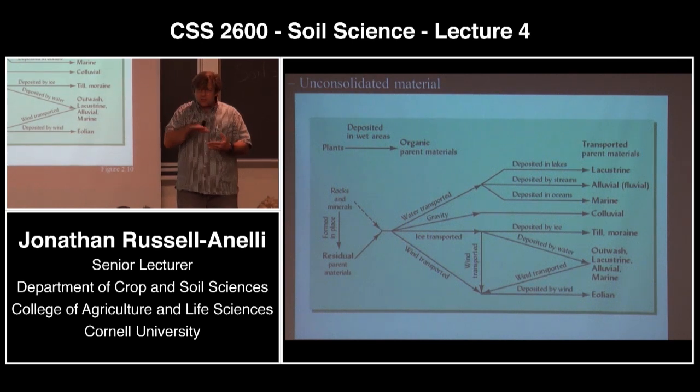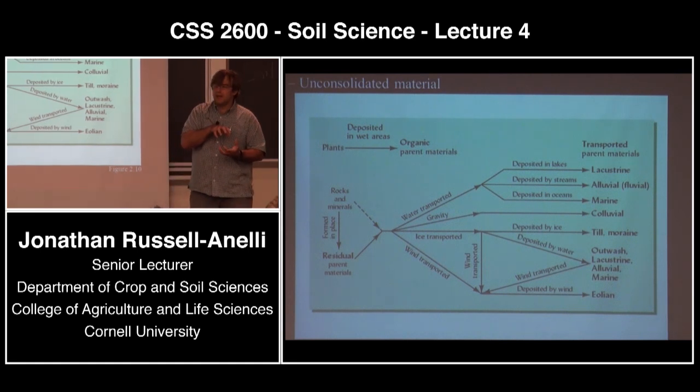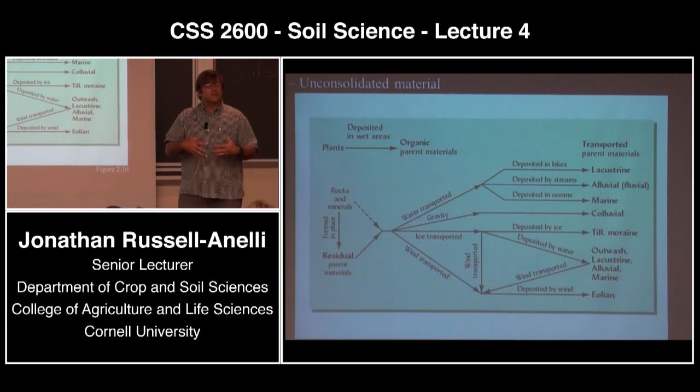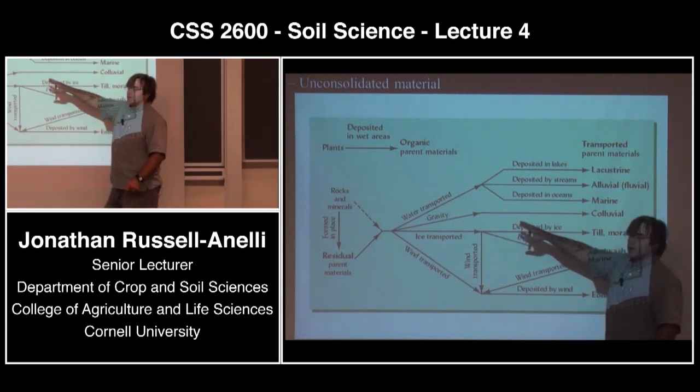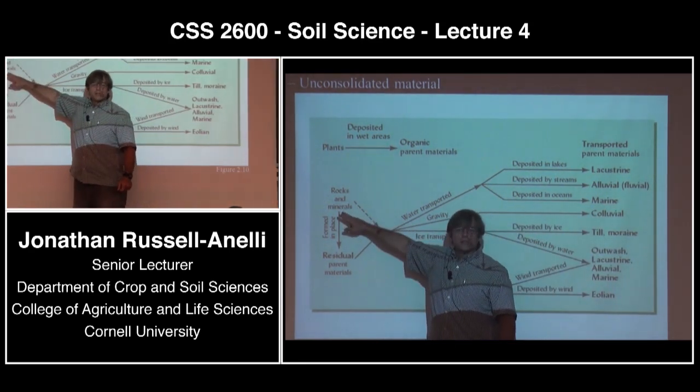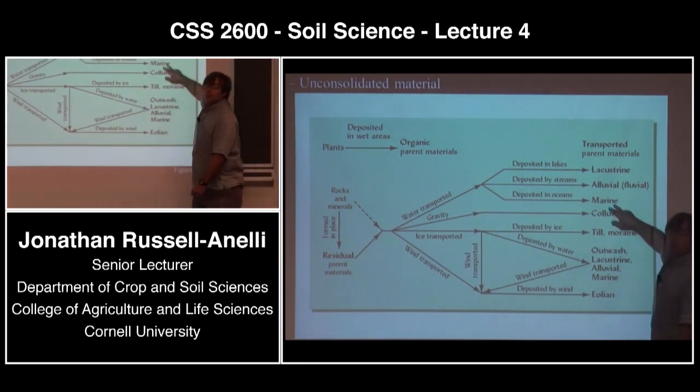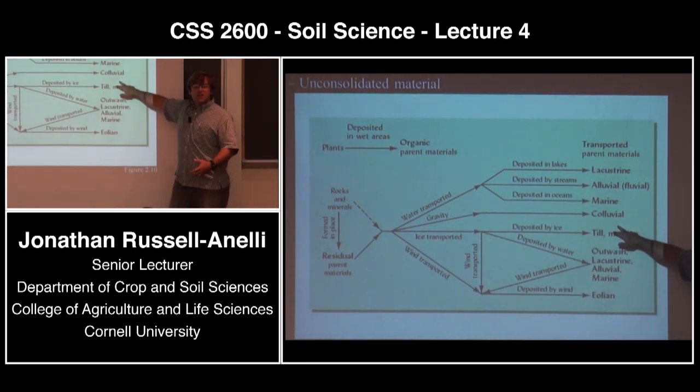And I start cutting that cube up, same volume, but the finer texture is in that cube, the more surface area I have. The more surface area I have, the more interactions with the environment. The more interactions with the environment, the faster the weathering. Does that make sense? All back to the transport of the initial parent material into a new arrangement affecting how the soil is made. Cool?